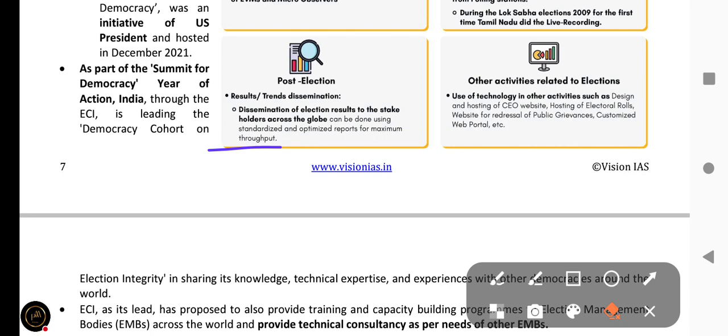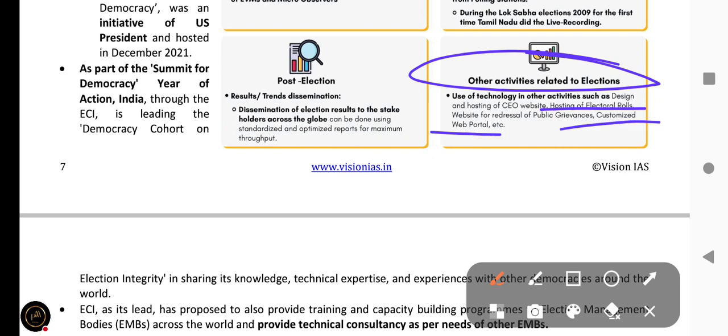Okay, so remember this. And other activities related to elections, use of technology in other activities such as design and hosting of chief election officers website, hosting of electoral rolls website for redressal of public grievances, and customized web portal, etc. So you can remember this.